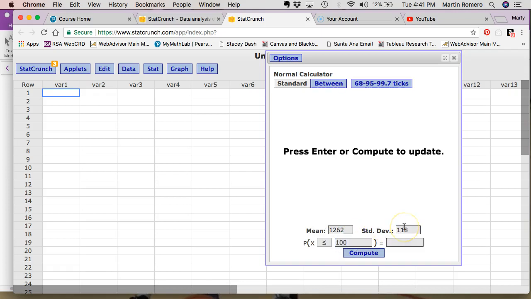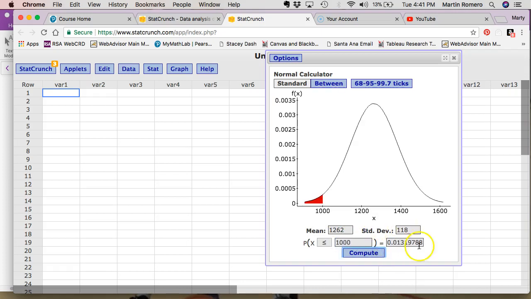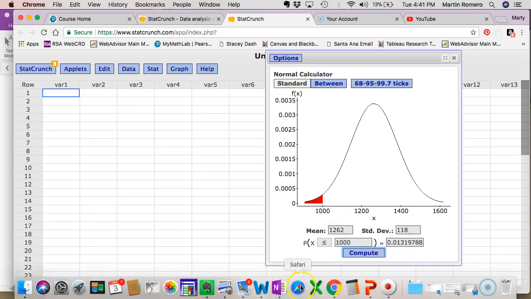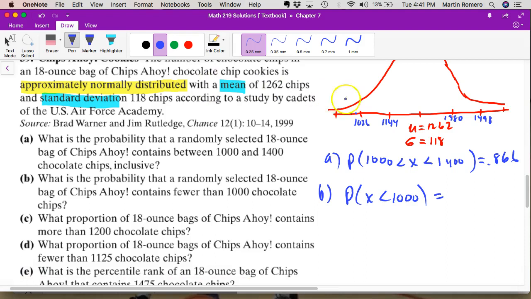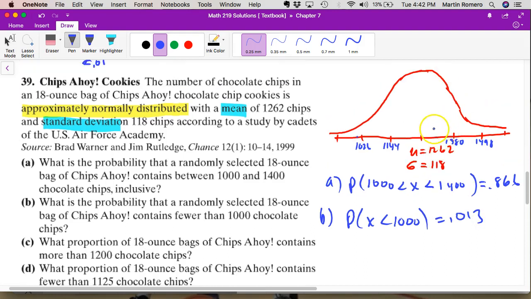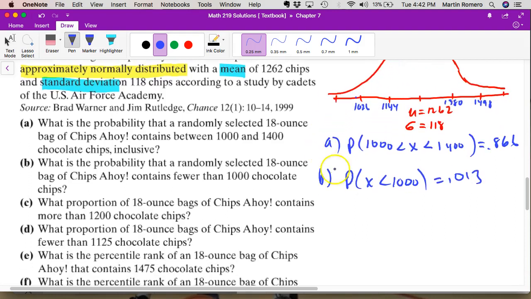And you'd want to draw this out. You get practice drawing this out so you can then draw the representation. The ones in red here are all the bags that have less than 1,000 chips, and that would be 0.013 or 1.3% of them. So the answer is 0.013. About 1.3% of those bags are going to have less than 1,000. And again, that would be a value over here.